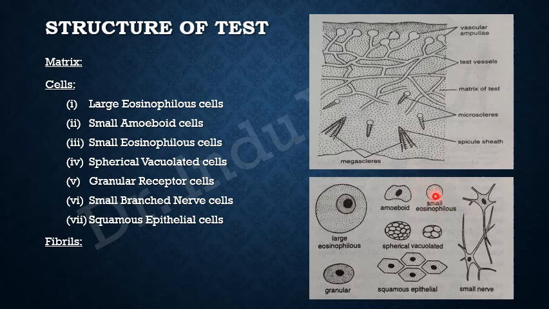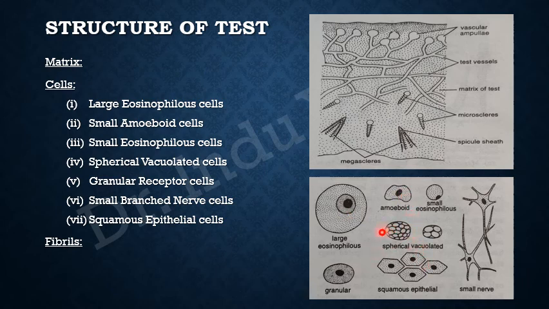Their structure is the same as large eosinophil cells, only the size is small, and the nucleus is different. They don't have a vesicular nucleus, they have an eccentric nucleus. Eccentric means away from the center. So you can see the nucleus is not present in the center, it is lying on one side of the cell. The amoeboid cells are bigger than the small eosinophil cells and smaller than the large eosinophil cells.